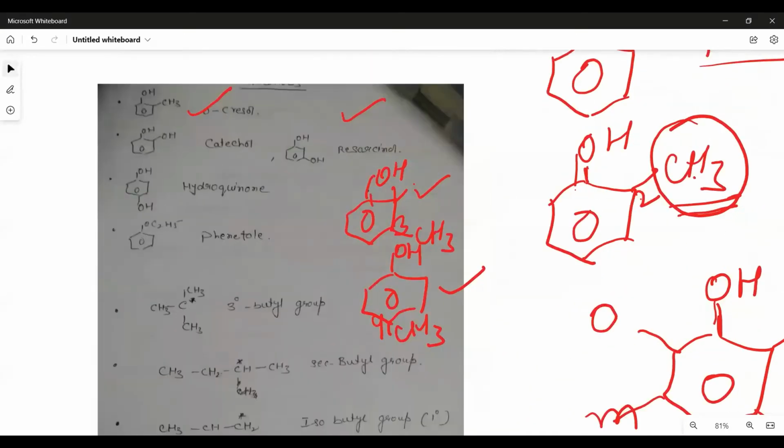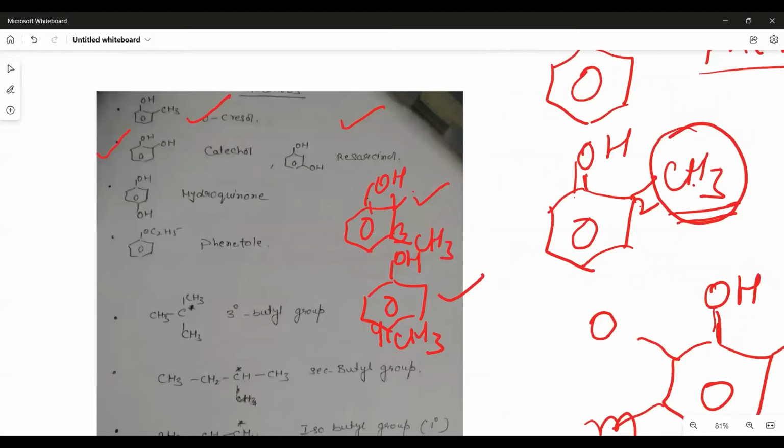Now see, if two OH groups are present at different positions, again you can easily see this is the ortho position, this is the meta position, and this is the para position. The OH groups will be present at the ortho, meta and para positions separately.